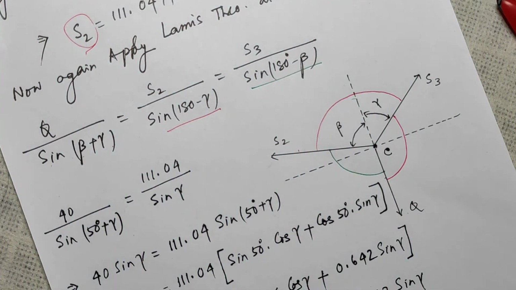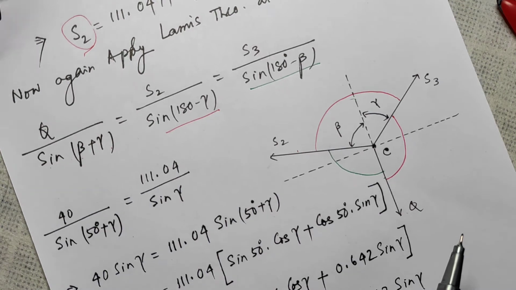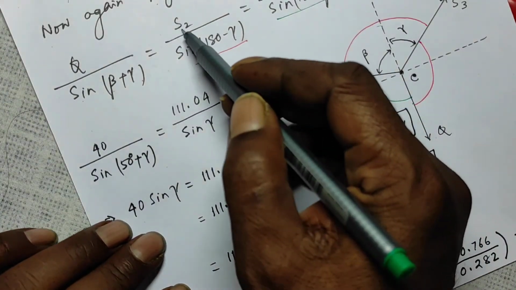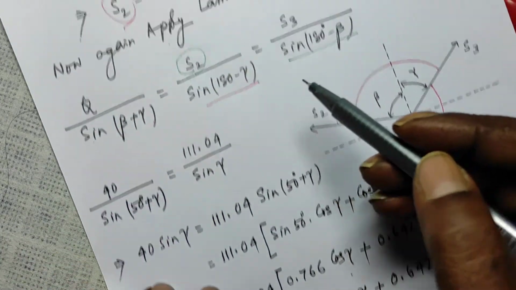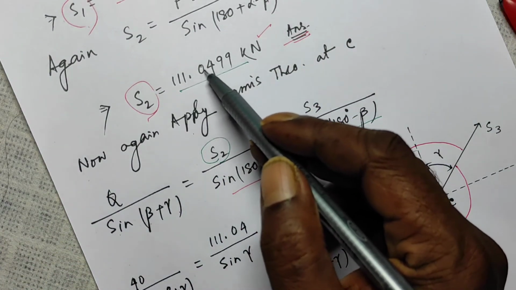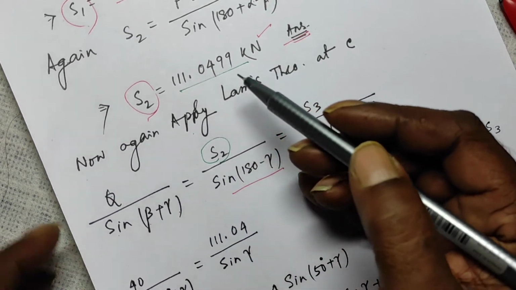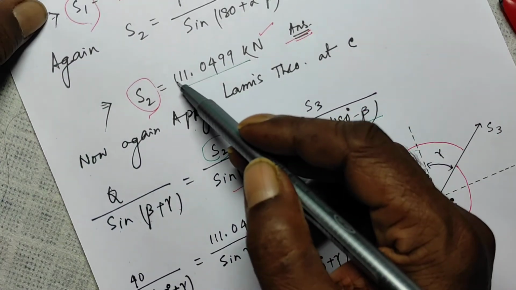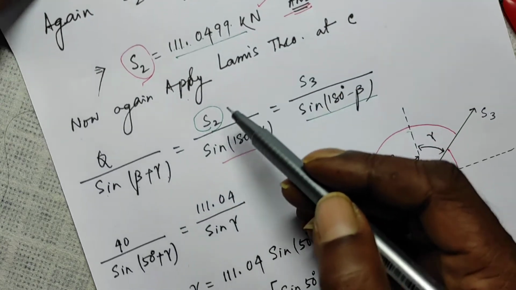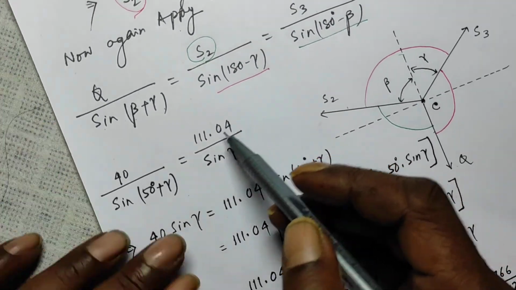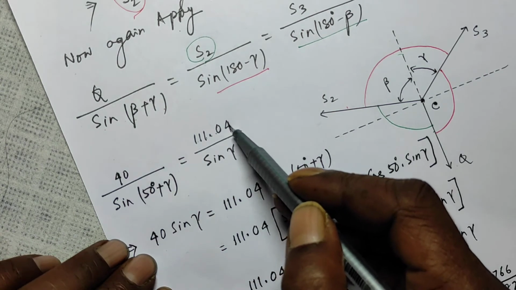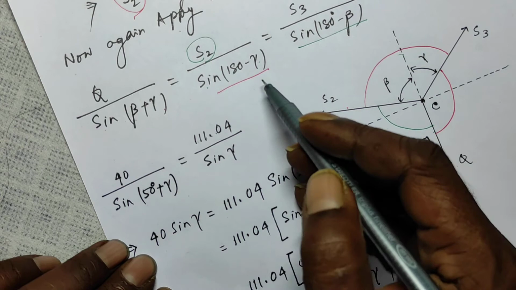Now we have just found out the value of S2. I am considering digits up to 2 decimals. So instead of writing 111.0499, I am writing it as 111.04 over sine 180 minus gamma.